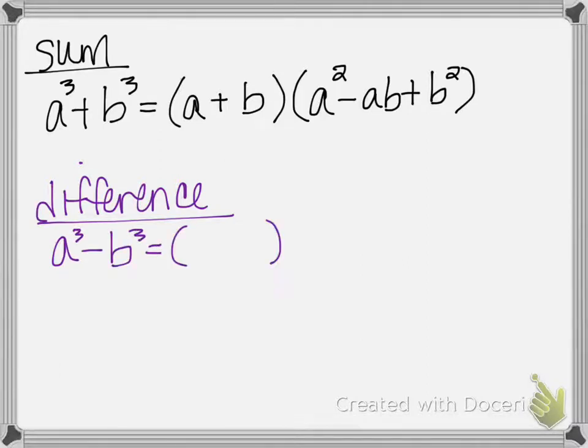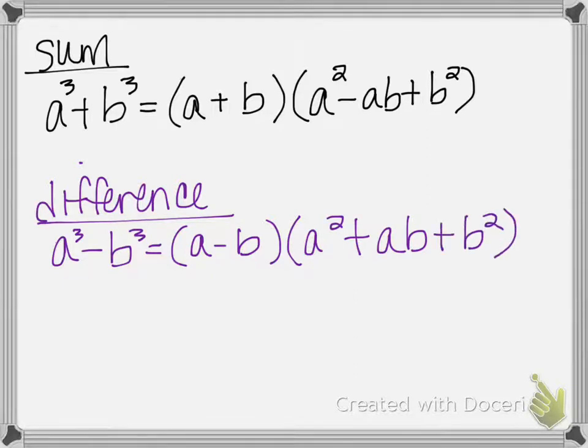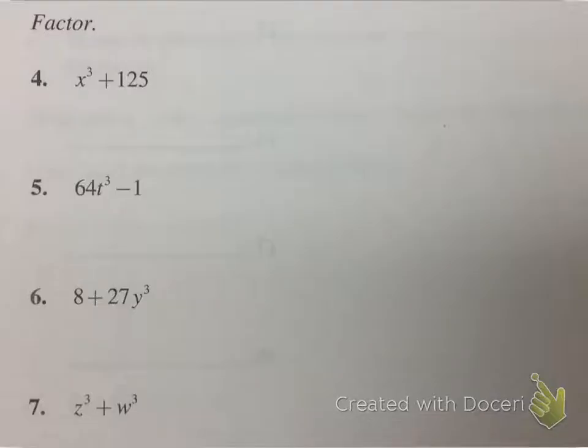The way the pattern goes there is we have A minus B, and then we have A squared plus AB plus B squared. So you can see the patterns are very, very similar. They're only off by 2 signs. We're going to use these whenever we see a sum of cubes or a difference of cubes. So let's go back to some of our examples here.